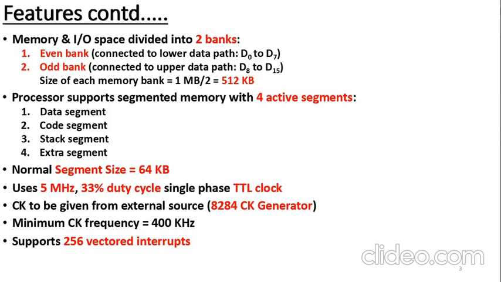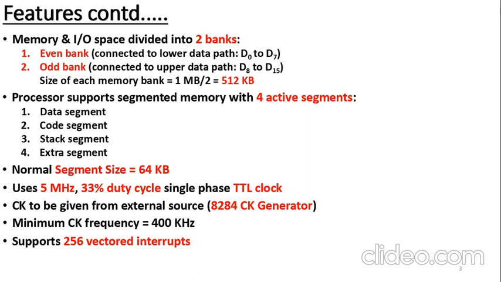Such 256 vectored interrupts are available in all in case of the 8086 processor. Of course, out of those 256 vectored interrupts, the processor supports only two hardware interrupts: a general purpose interrupt request line INTR and a non-maskable interrupt NMI. And apart from that, the processor contains a number of vectored interrupts.